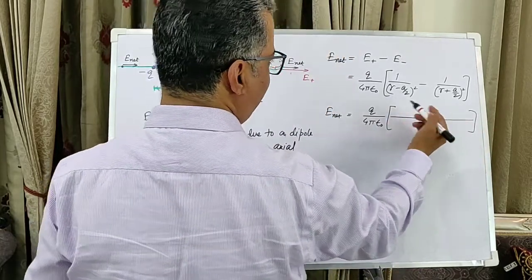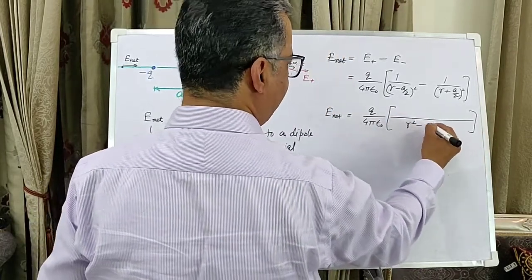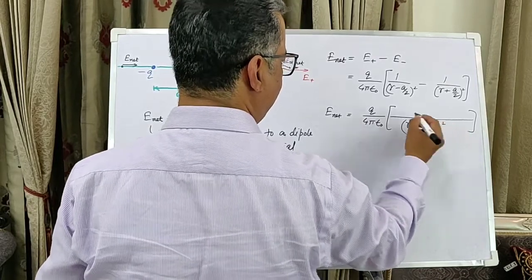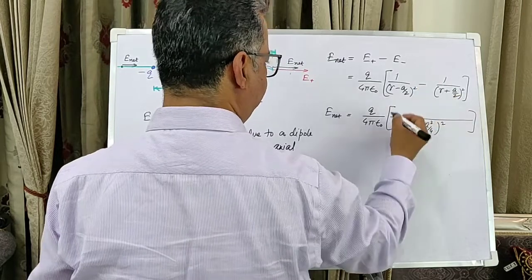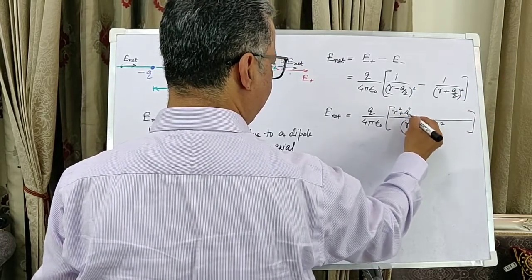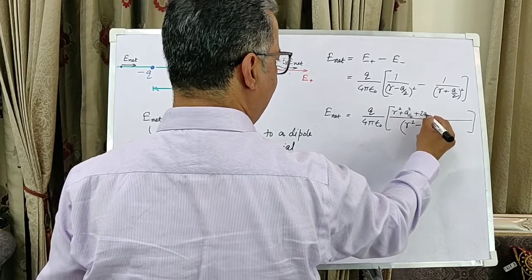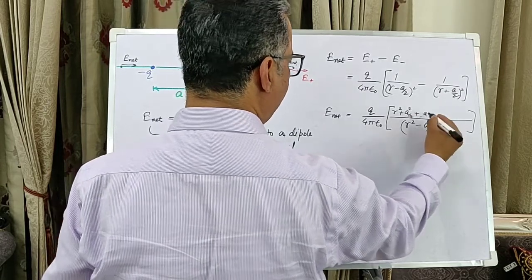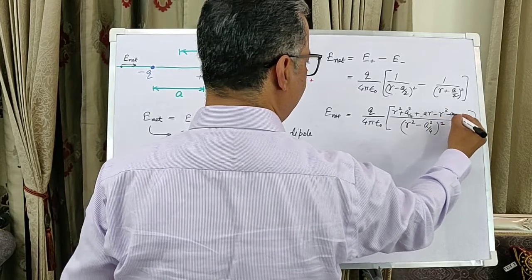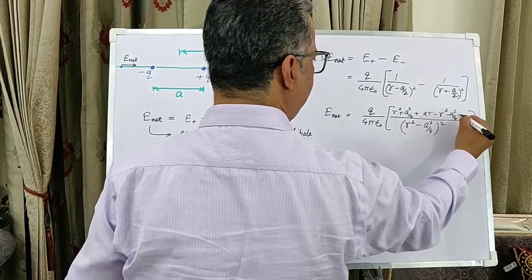In the denominator we'll have r square minus a square by 4 whole square, and in the numerator we have r square plus a square by 4 plus ar minus r square minus a square by 4 plus ar.